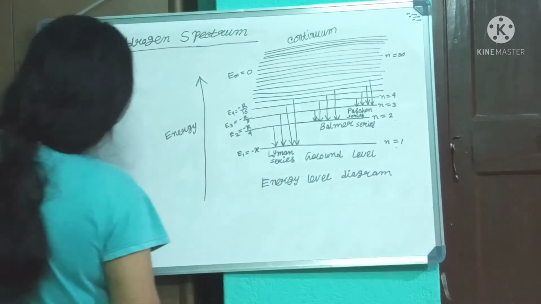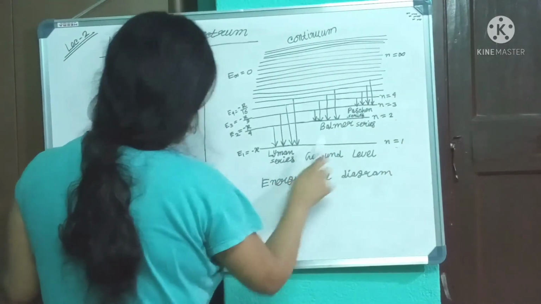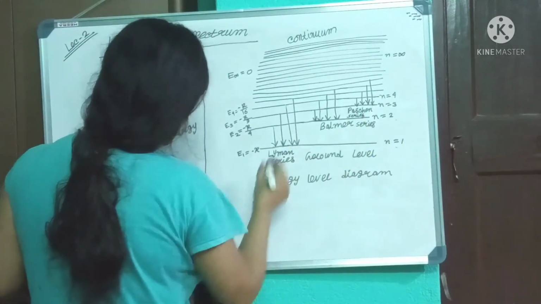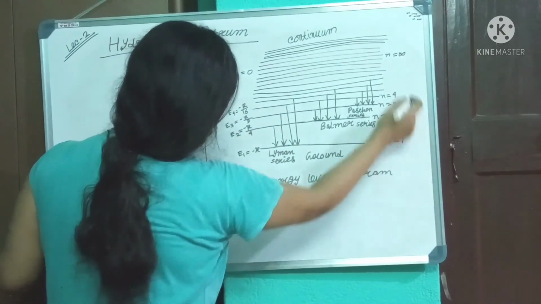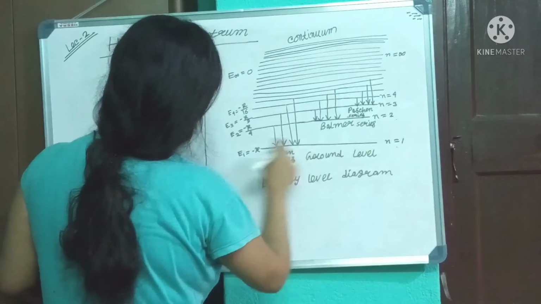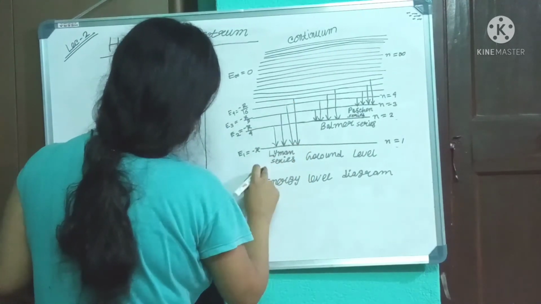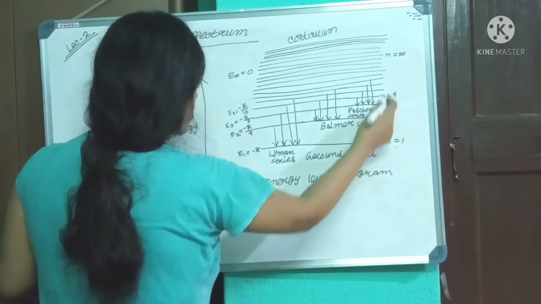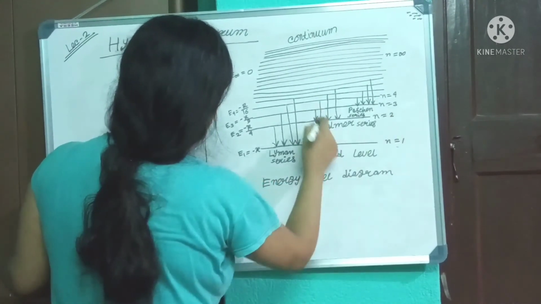Here we can see that depending on the different values of nf, we get different kinds of series. For nf equals 1, we get the Lyman series. For nf equals 2, we get the Balmer series. Whenever an electron makes a transition from a higher state to the n equals 1 state, we get the Lyman series.